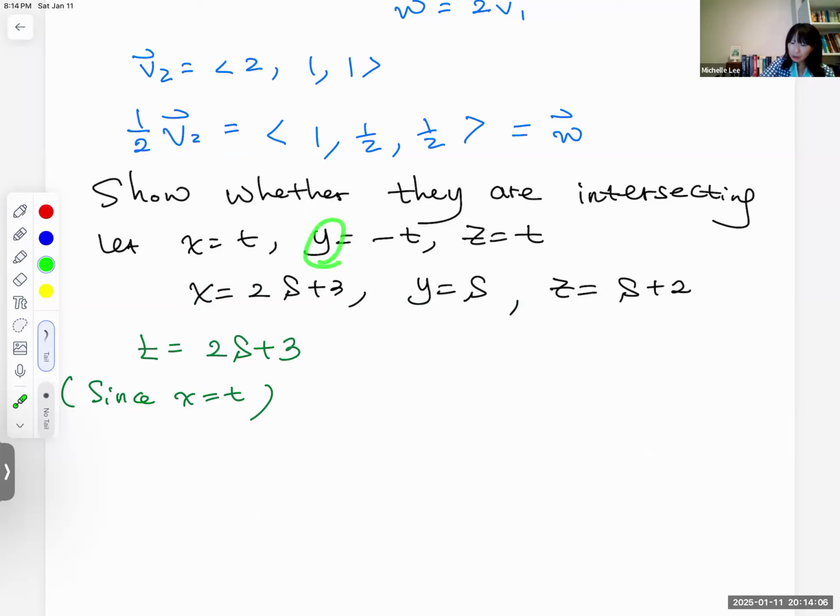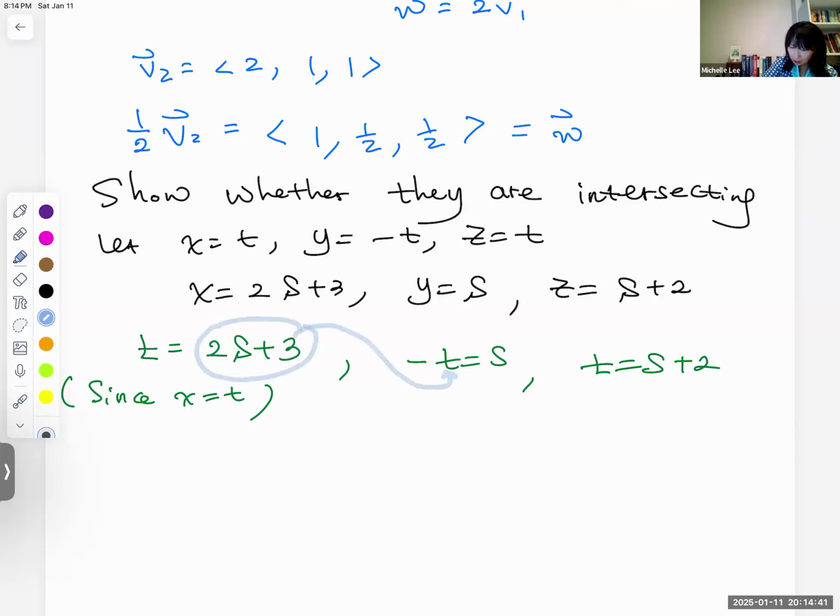So we have y equal to negative t, so substitute the negative t into the y, right? So here we go: negative t equal to s, and t equal to s plus 2, right? Okay, let's substitute 2s plus 3 into the t.